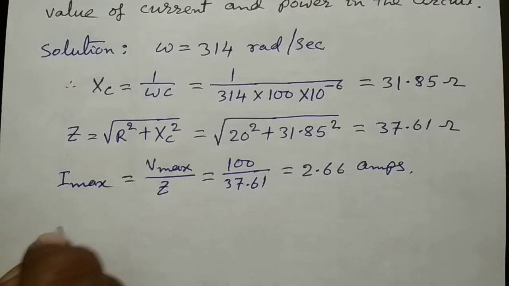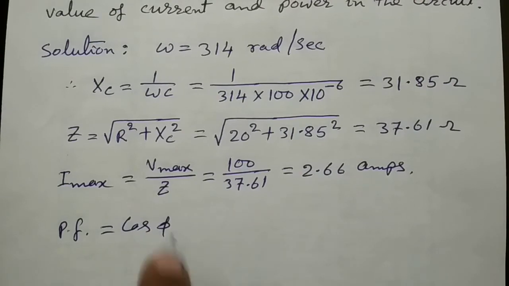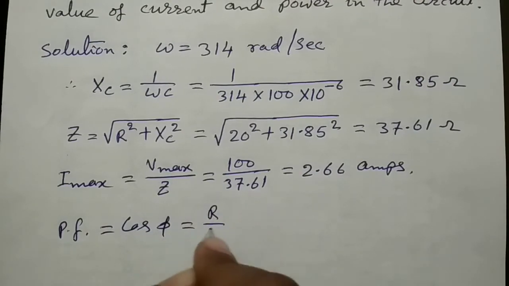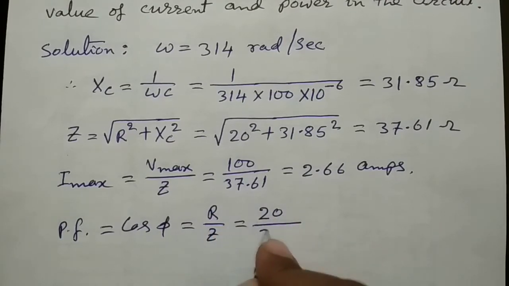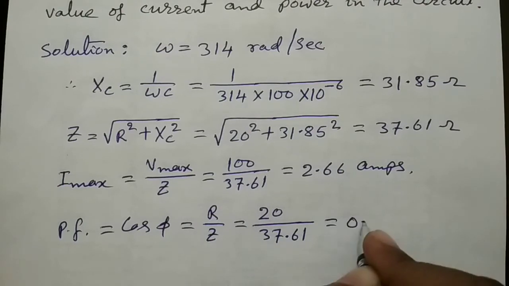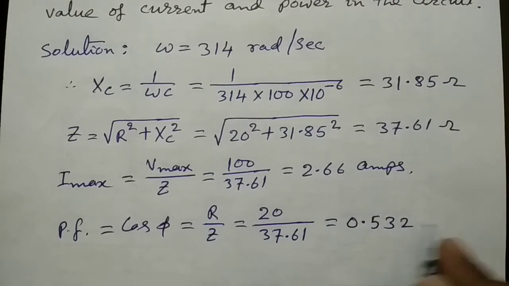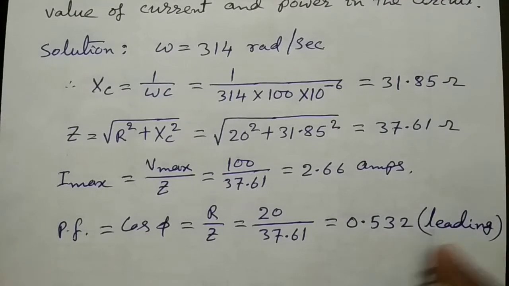Now we can find the power factor. The power factor is cos phi and it is also the ratio of resistance to impedance. The resistance is here 20 and the impedance is 37.61. So the value will be 0.532 leading. As it is the resistive capacitive circuit, so the current leads the voltage, therefore the power factor will be leading.